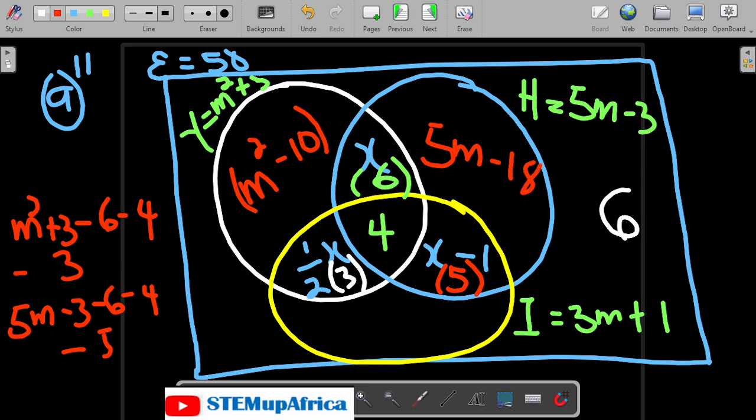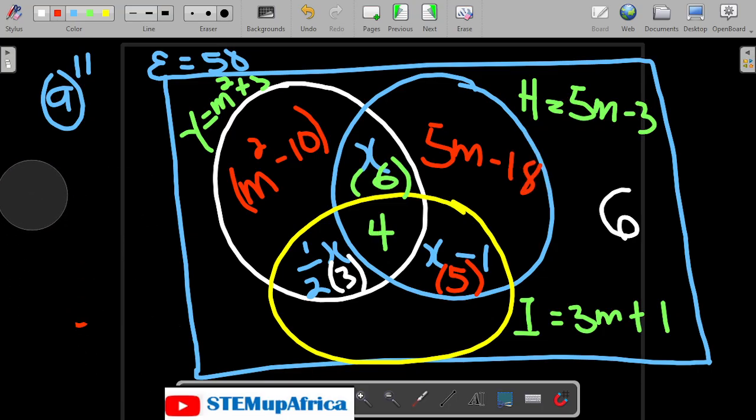Then those who speak Igbo only, we are going to have 3m plus 1 minus 5 minus 4 minus 3. That will give us 3m minus 11.